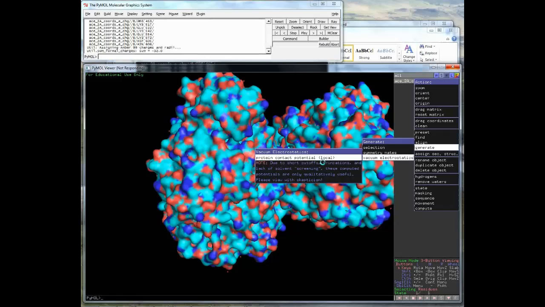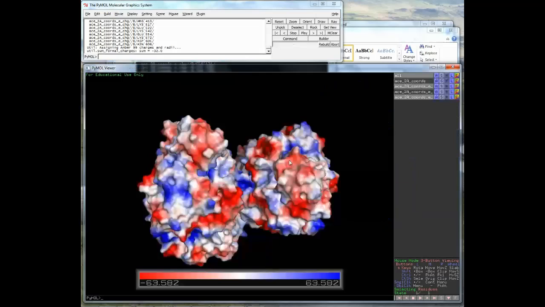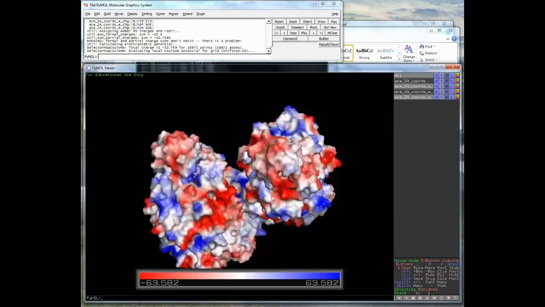And so you can look for the charge distribution of your protein without worrying about all these carbonyl oxygens just sticking out, giving you red blobs. But I don't know if it's going to do it. Aha, here we go.